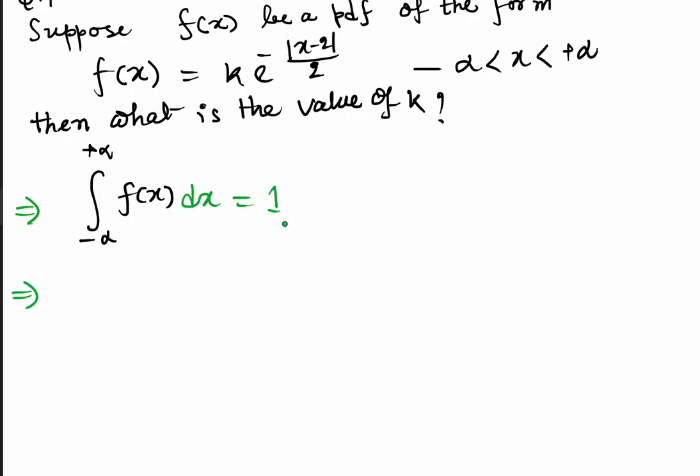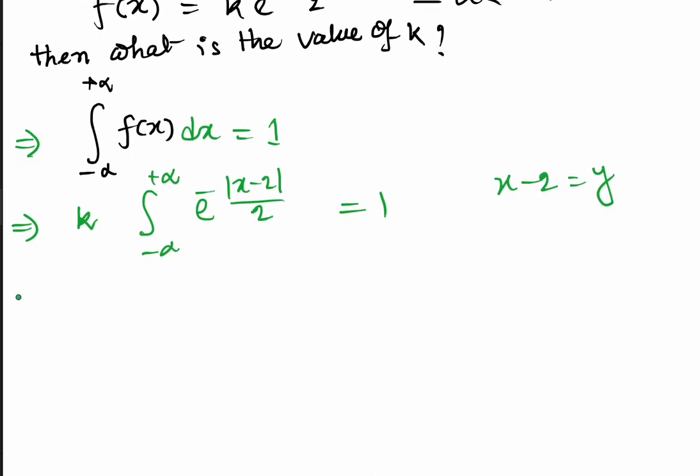So what should be the value of k? k times the integral from minus infinity to plus infinity of e to the power minus mod x by 2 equals 1. Let's put x by 2 equal to y. So then it will become k times the integral from minus infinity to plus infinity of e to the power minus mod y, dy, equal to 1.